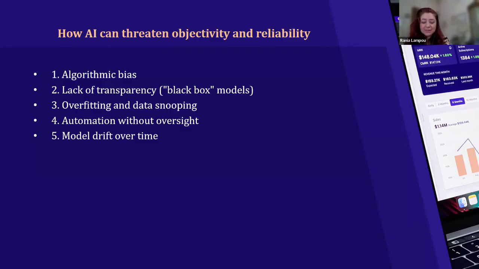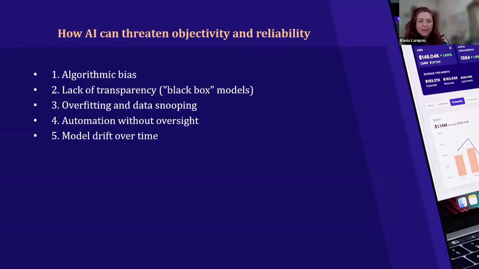The risk here is that AI models trained on historical data may become less reliable as underlying conditions change. And of course, this compromises reliability unless models are regularly updated and revalidated.